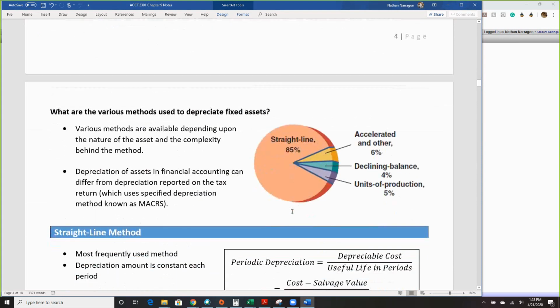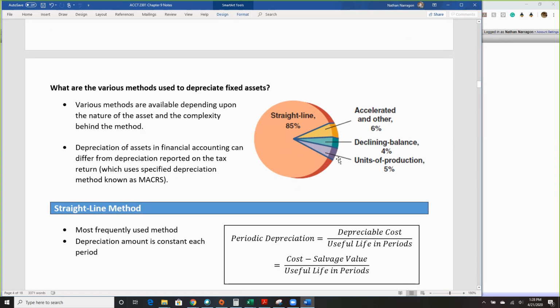So, what kind of methods do we have? Well, we're going to talk about 3 different types of methods. Mostly, we're going to talk about the famous one, which is straight line, as we look at Pac-Man here and his grill. So, Pac-Man with a grill. Nice. But straight line is the most common. So, most companies are going to still implement straight line.